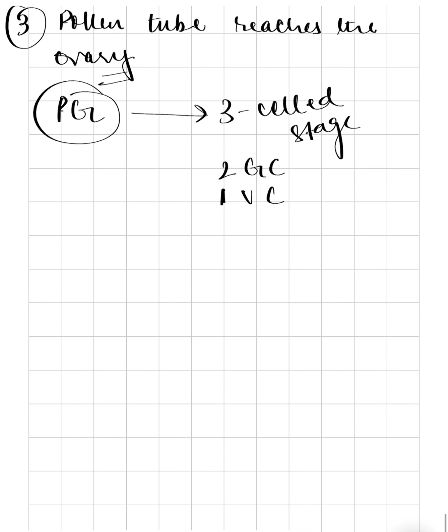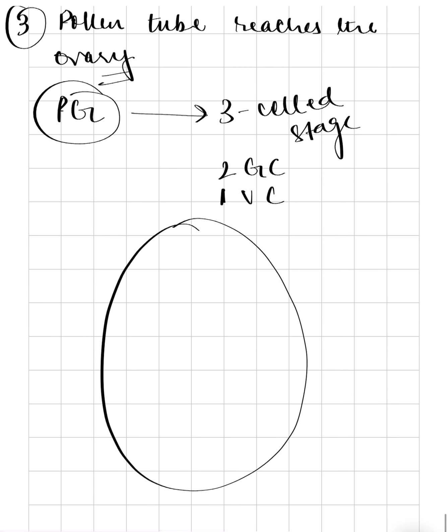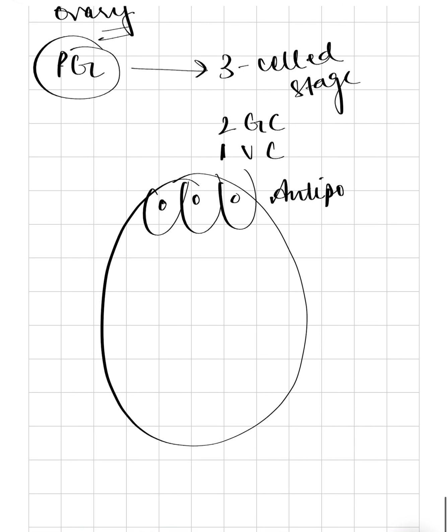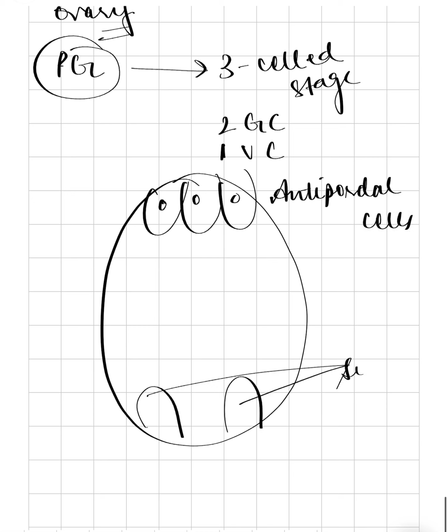So let us draw a small structure of ovary so that we can understand it in a better way. Here we have 3 antipodal cells. Here we have 2 synergids.